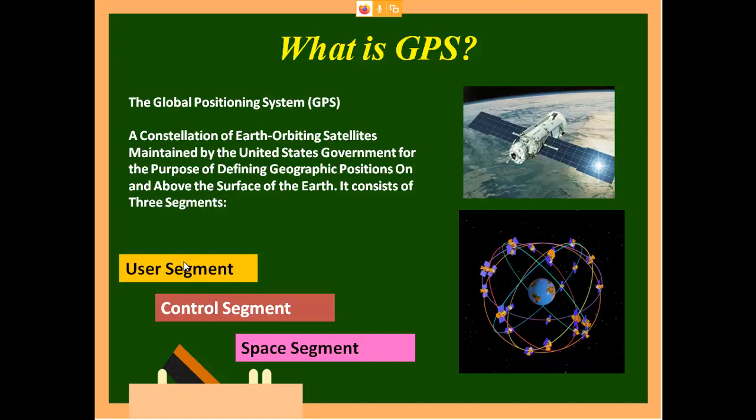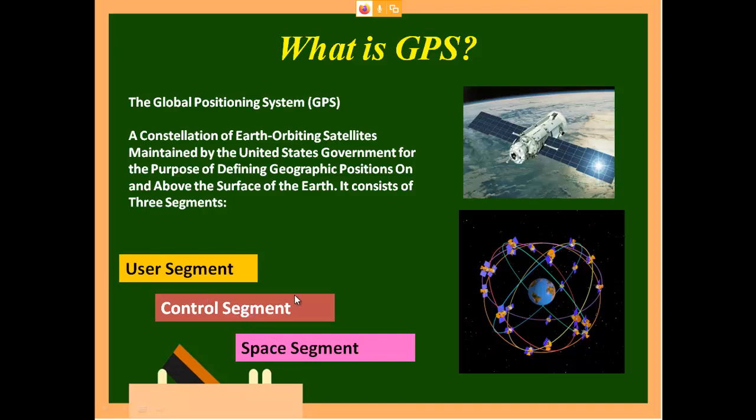This handheld GPS system will show the longitude and latitude of the position where you are standing. From there I will try to move, so that I can come out, or I can go to the place where I want to go. That is the application of GPS. So user segment is how you get the information and how you move. That is called user segment.